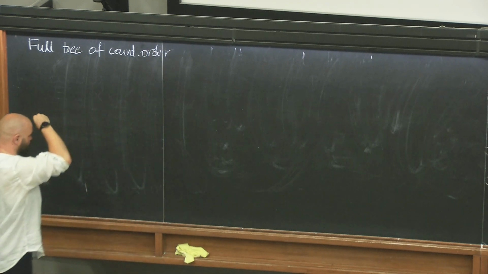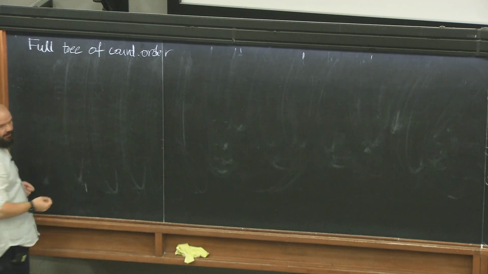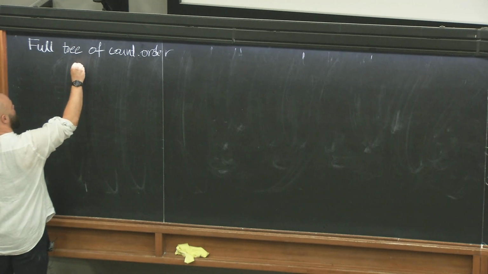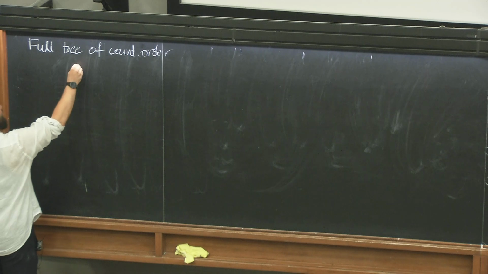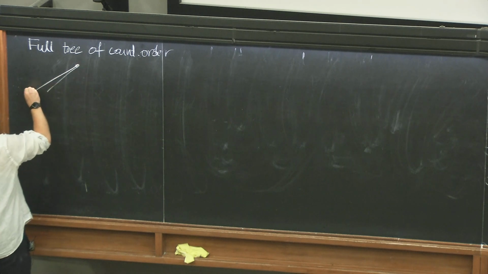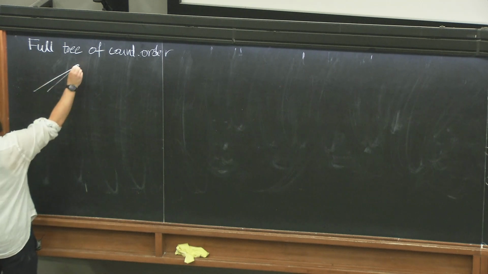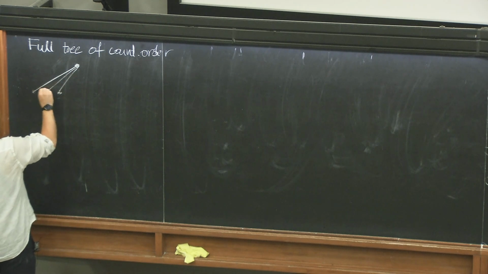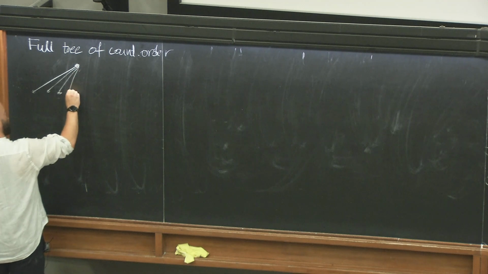So what is a full tree? It is a bit easier to draw a picture than to state some definitions. We take vertices, and the root vertex has countably many children.